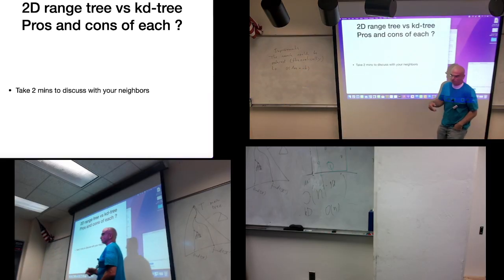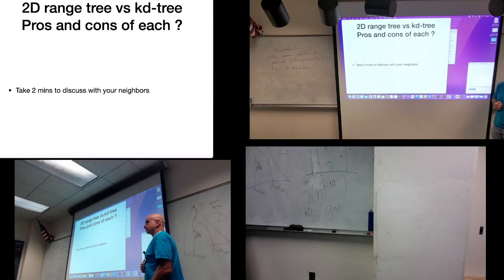How easy is it to augment the range tree? Formally, we don't call it augment. You mean the counters? Well, at every node we just store how many nodes there are. We didn't look at it in terms of insertion and deletion, but pretty much insertion. Yeah, it's a good point.